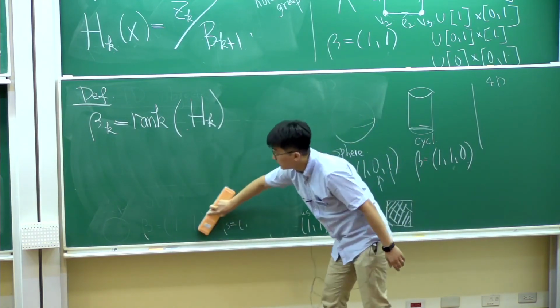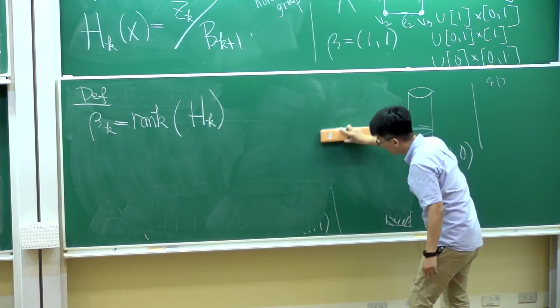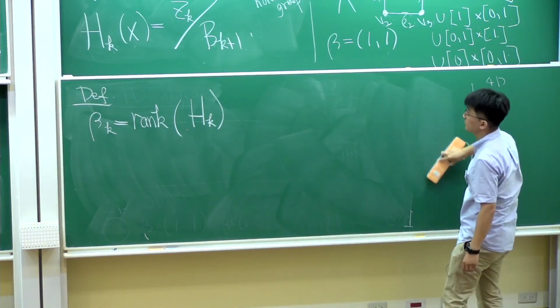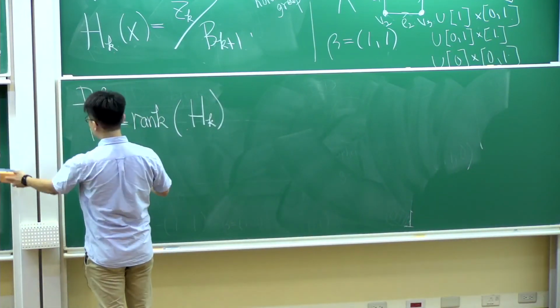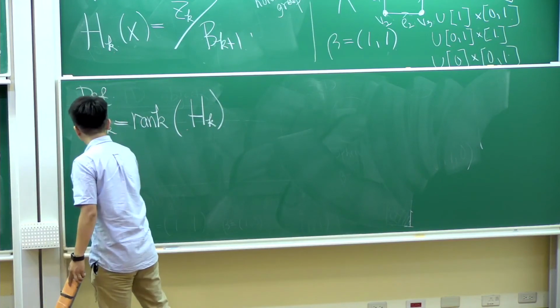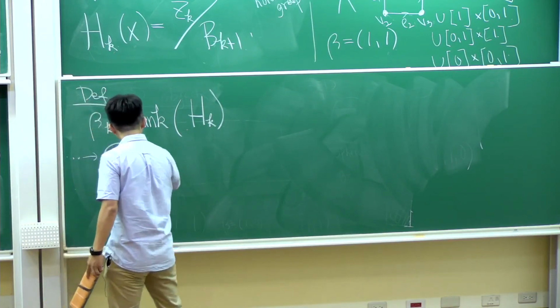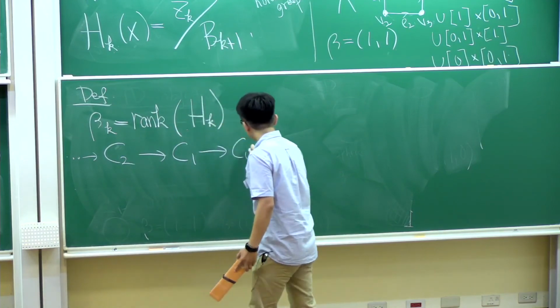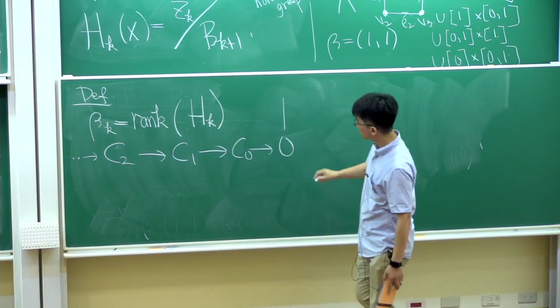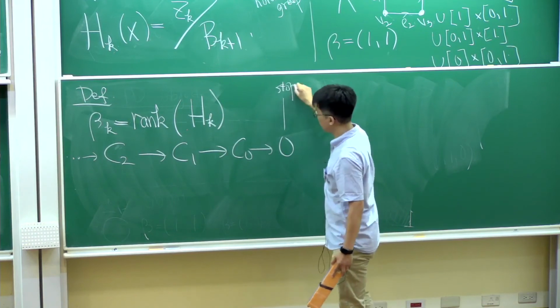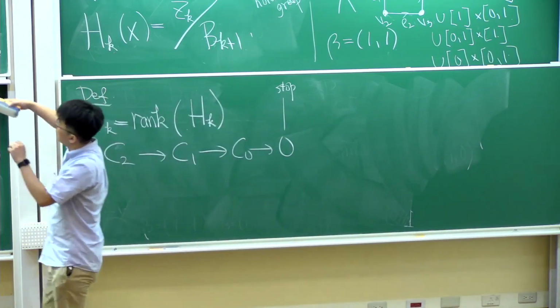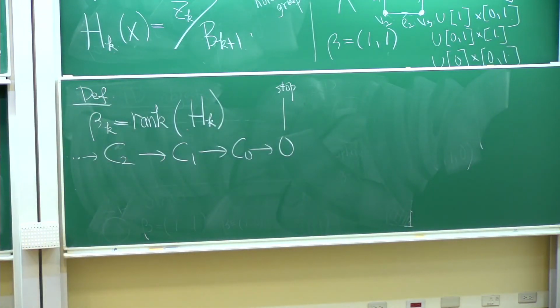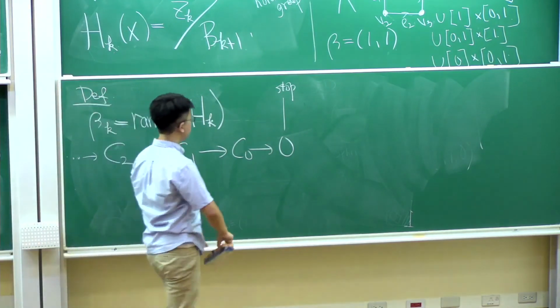Let's go back to this example. Let's finish this example. So what we have is the chain group of this object: C2, C1, C0, 0. You stop here because there's nothing there. What is C1? C0 is the span, the linear combinations of those four bases.